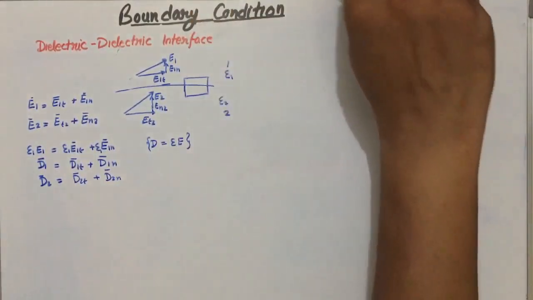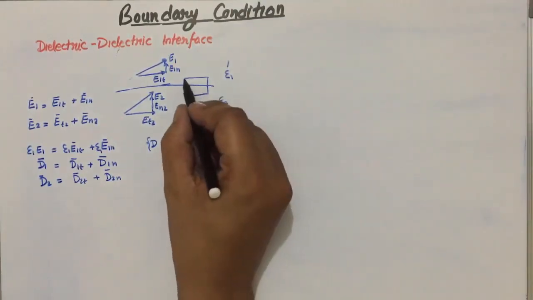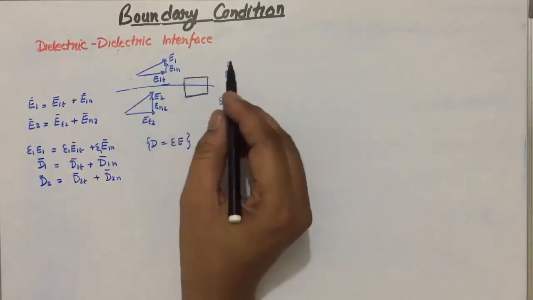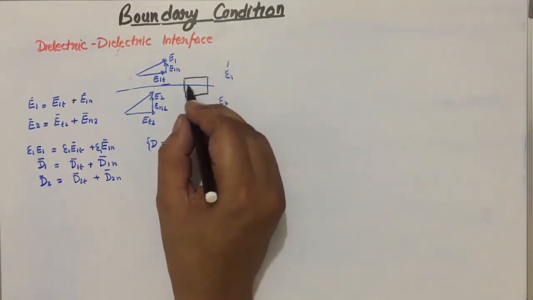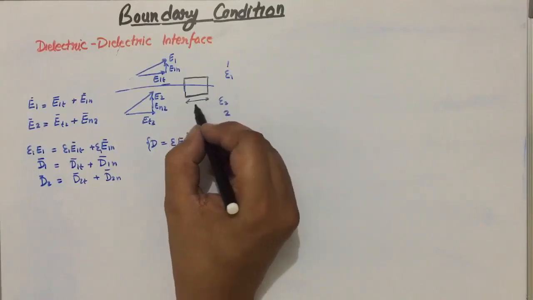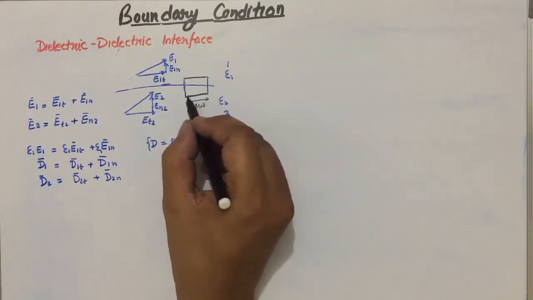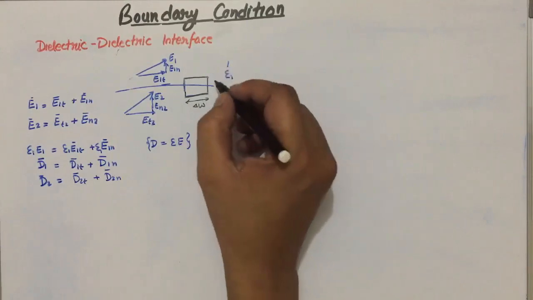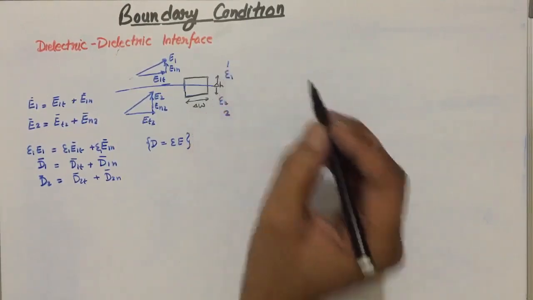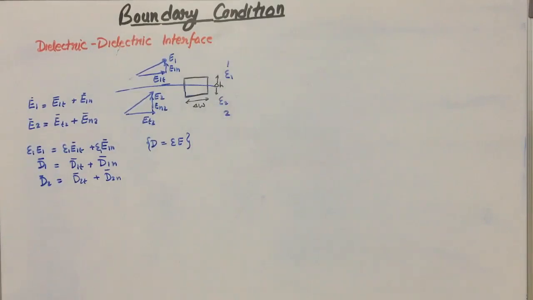This is the width of the considered part and this is the height of the considered part, the closed surface.